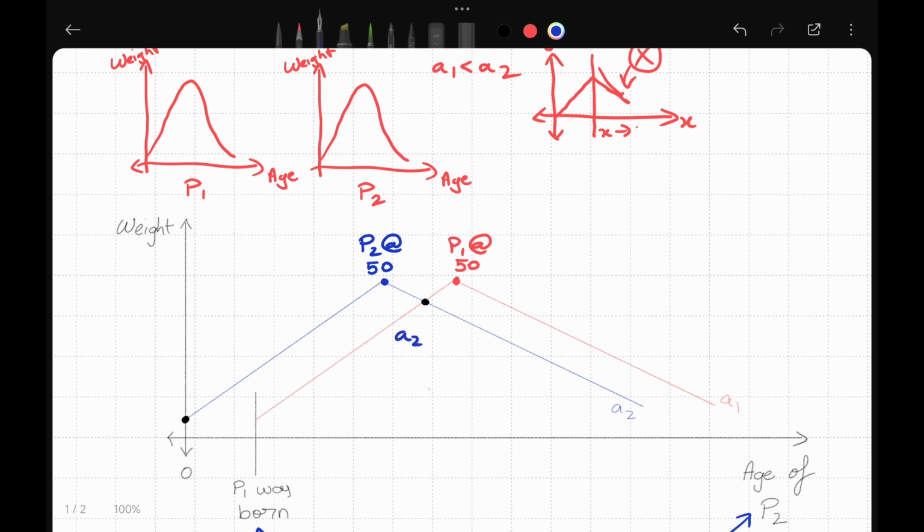A2 has already crossed the 50 mark, right? So the blue plot is A2 and it has crossed. So we are coming towards the right from the 50 mark, which means A2 is greater than 50. And if we consider A1, A1 is before the 50 mark. We have to go towards the right to get to the 50 mark. So A1 is less than 50. That is for this point, the point of interest.